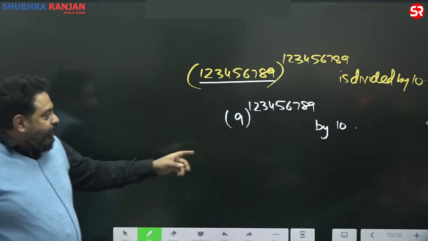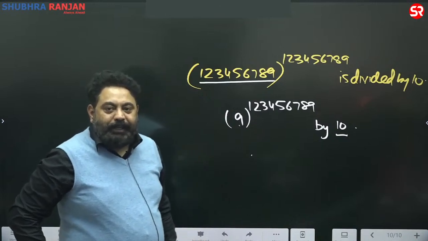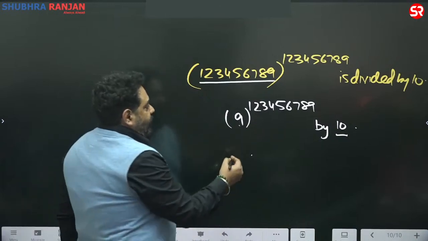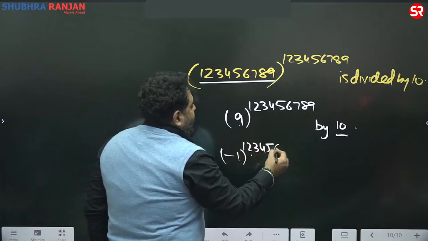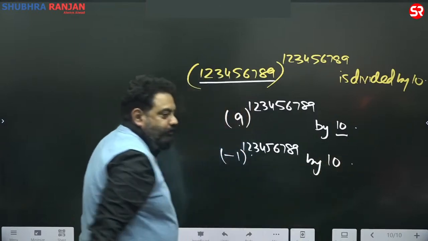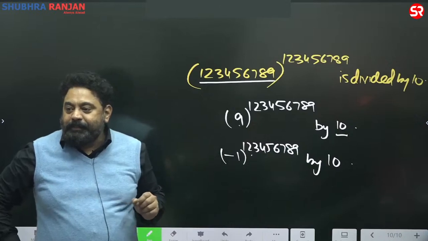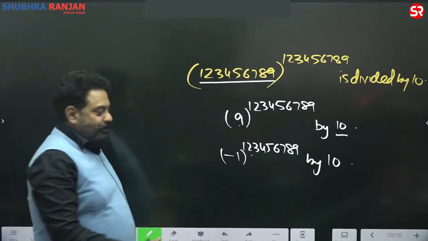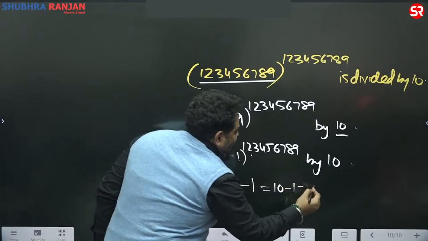Now 9 when divided by 10, the remainder is minus 1. It is minus 1 to the power 123456789 by 10. And minus 1 to the power odd would be minus 1, which would be 10 minus 1, which is equal to 9.